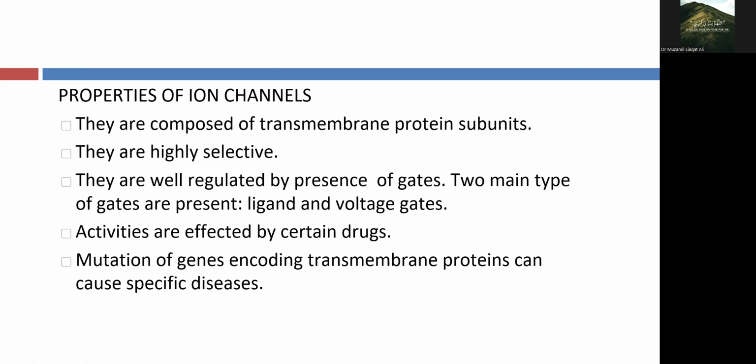To summarize the key properties of ion channels, they are always composed of transmembrane protein subunits. They are highly selective for particular ions. Ion channels are well regulated by the presence of gates, mainly the ligand and voltage types we just discussed.